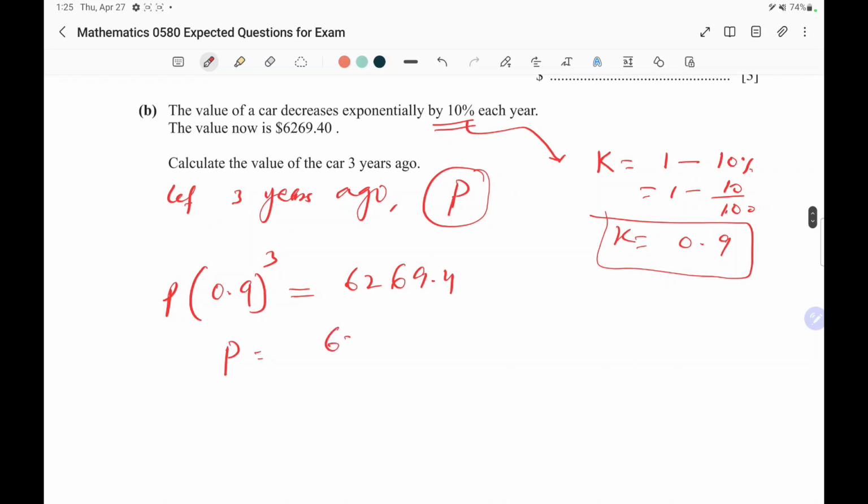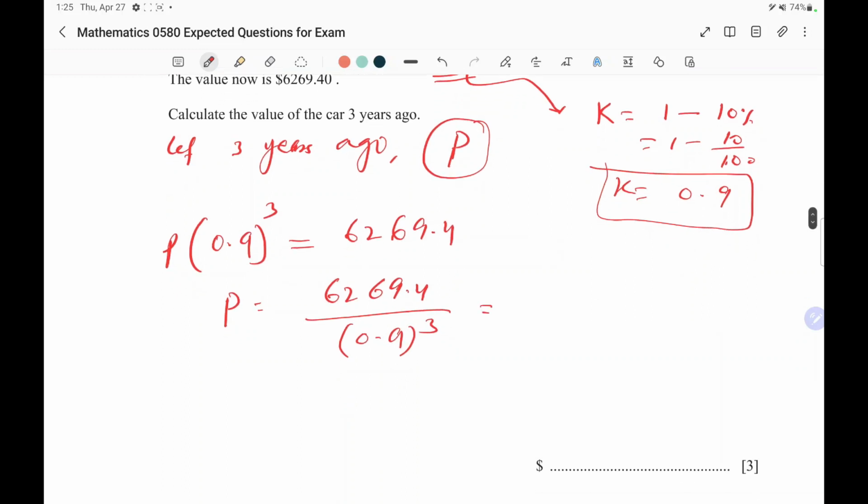So P is 6269.4 over 0.9 to the power 3. And if we use calculator over here, then we can get 6269.4 over 0.9 to the power 3. That is 8600. So $8,600.